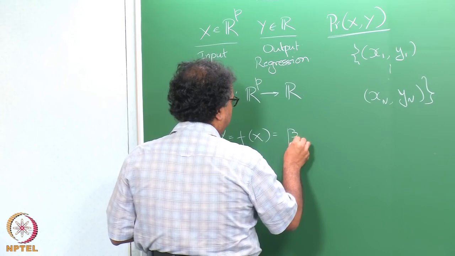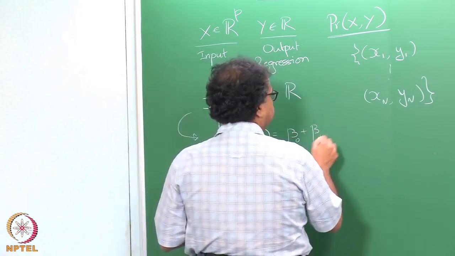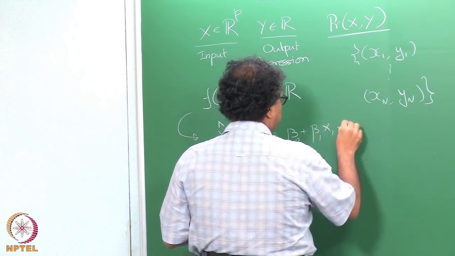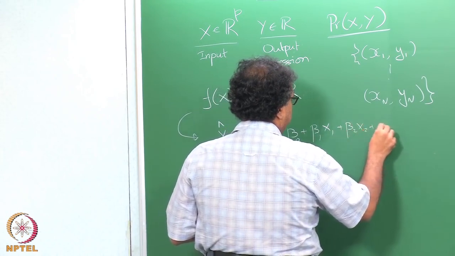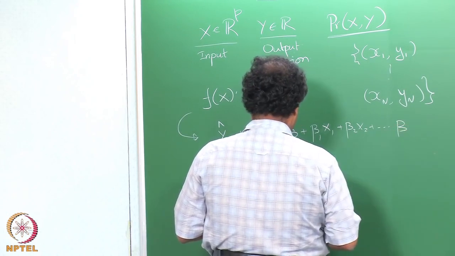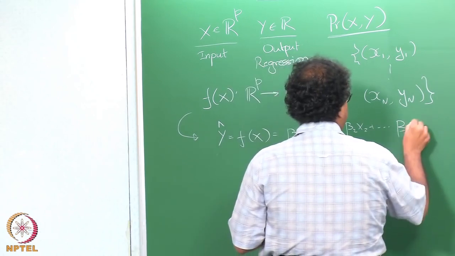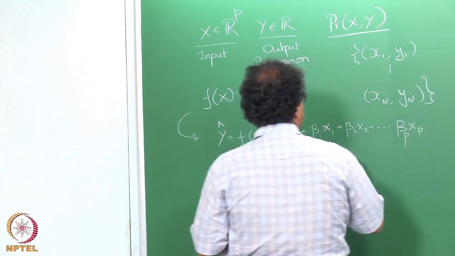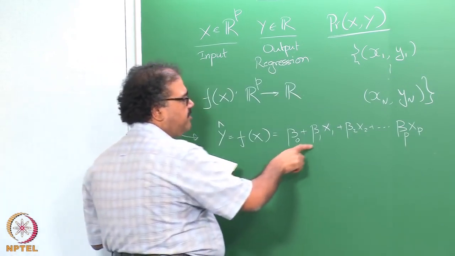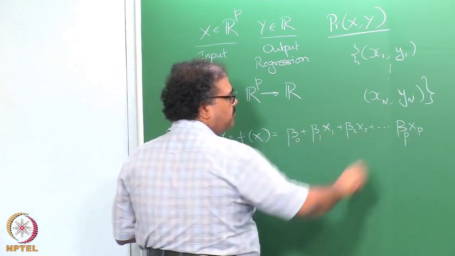And that is going to be given by beta naught plus beta 1 x1, beta 2 x2, all the way up to beta p xp.